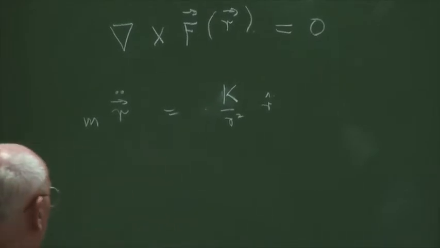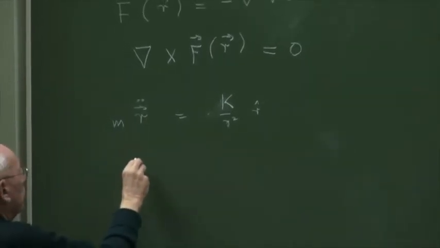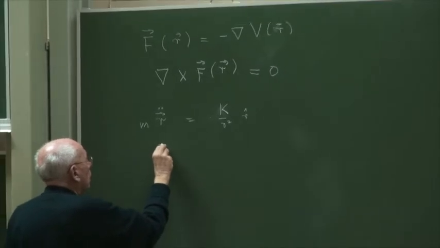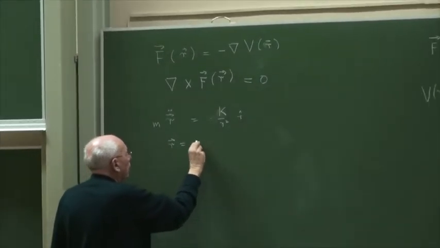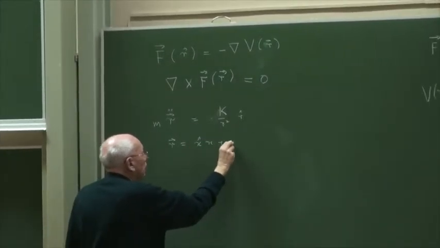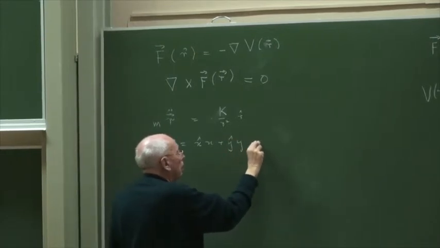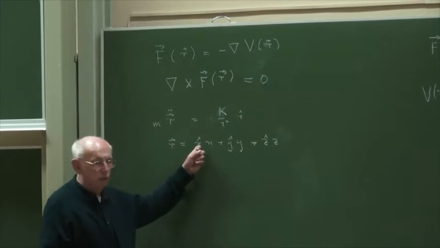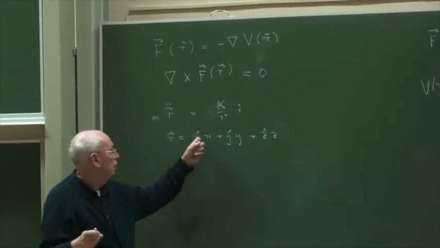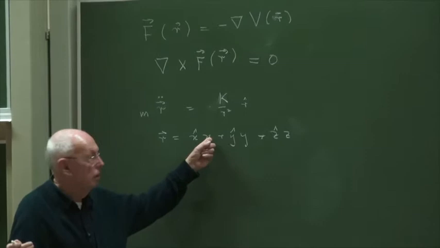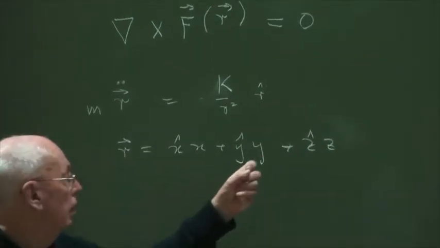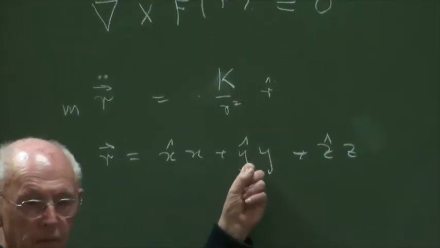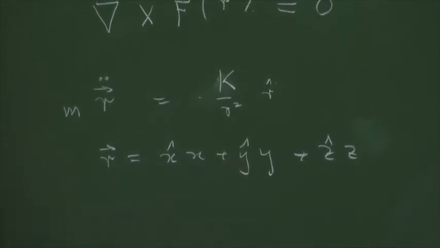I can write r in terms of x plus y plus z. So this for me is a unit vector in the x direction times the x component of r, and this is a unit vector in the y direction, and so on.